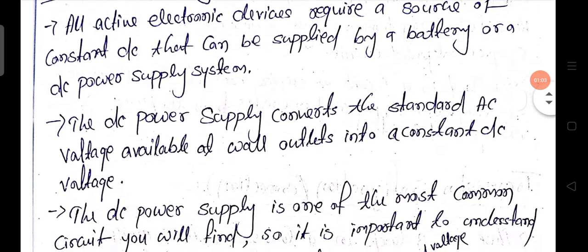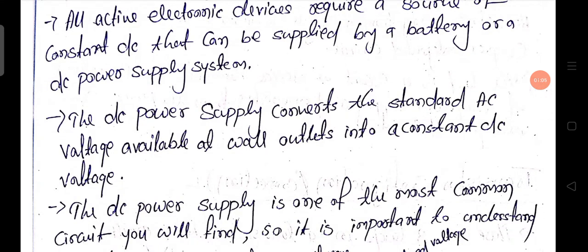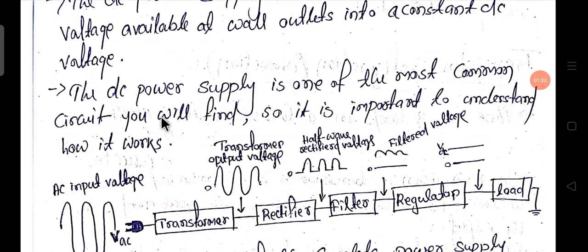The DC power supply converts a standard AC voltage available at the wall outlet into a constant DC voltage. That means this system converts the AC from our home to constant voltage DC. The DC power supply is one of the most common circuits we will find, so it is important to understand how it works.